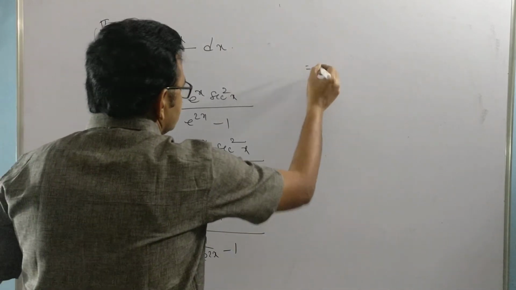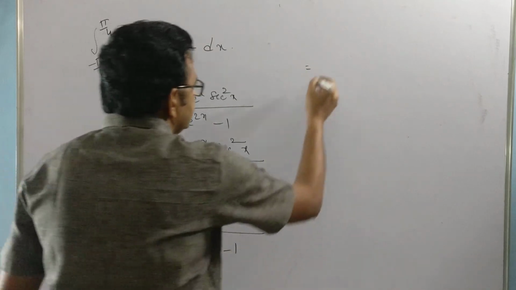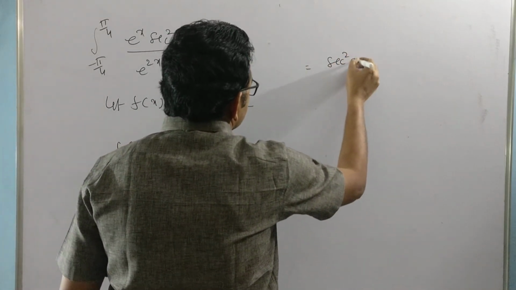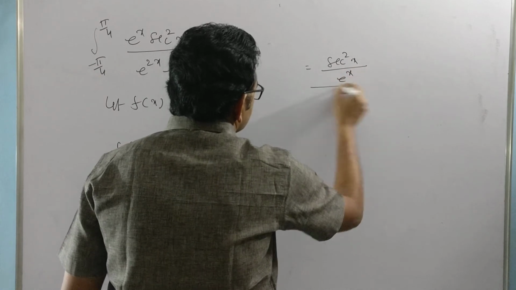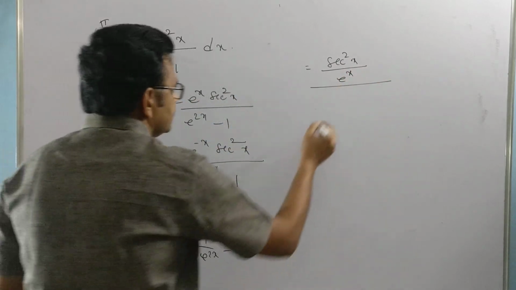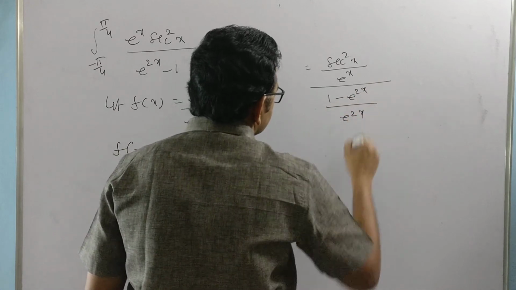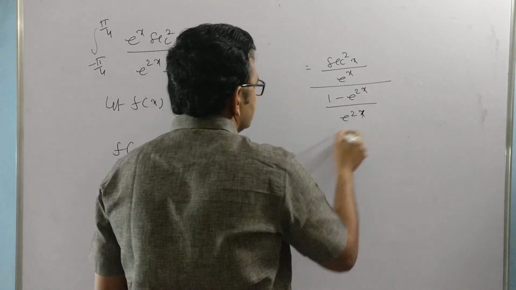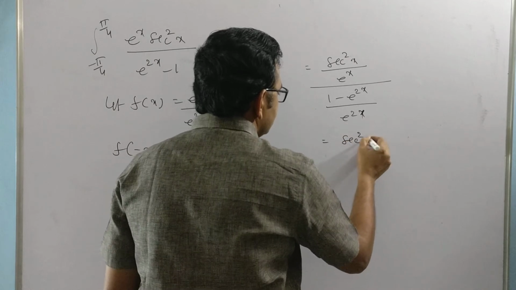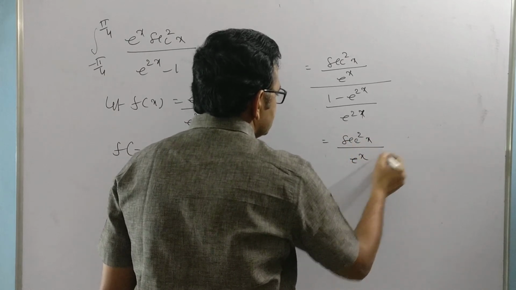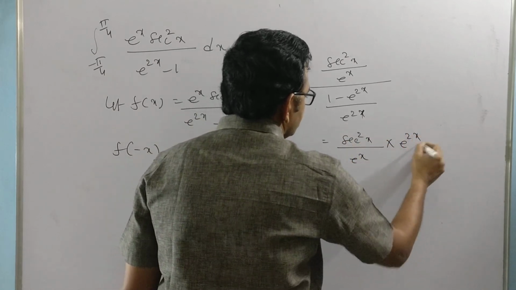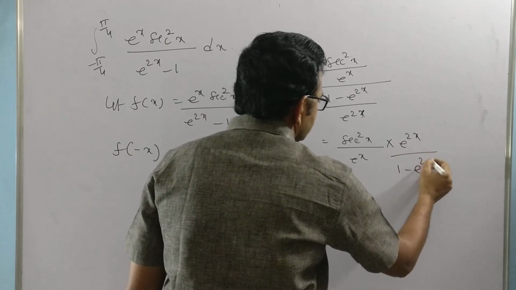That is secant square x by e power x, by, taking LCM, 1 minus e power 2x by e power 2x. That is equal to secant square x by e power x into e power 2x by 1 minus e power 2x.